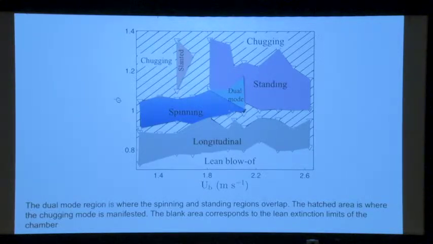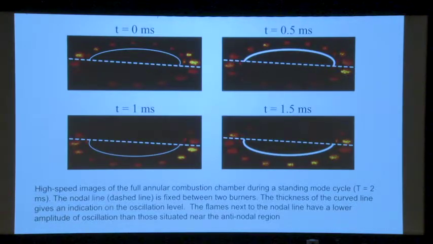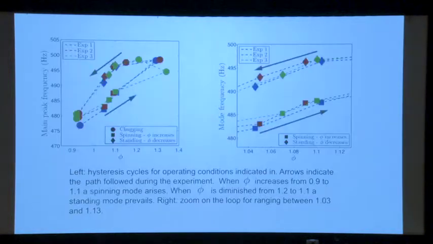If you are here and you get there from a spinning situation, you get a spinning mode. And if you're here standing and you go here, you get a standing mode. So basically, this is the spinning mode. This is a standing mode.